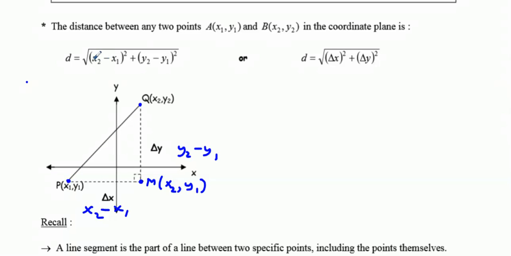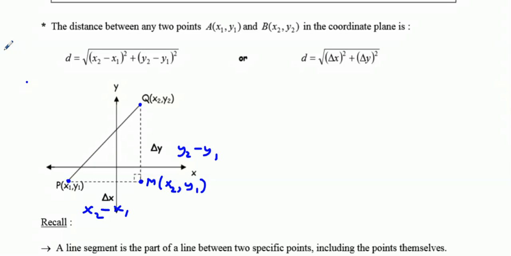So now that we have an expression for the length of MQ, and we have an expression for the length of MP, we can use those expressions and the Pythagorean theorem to come up with the equation.